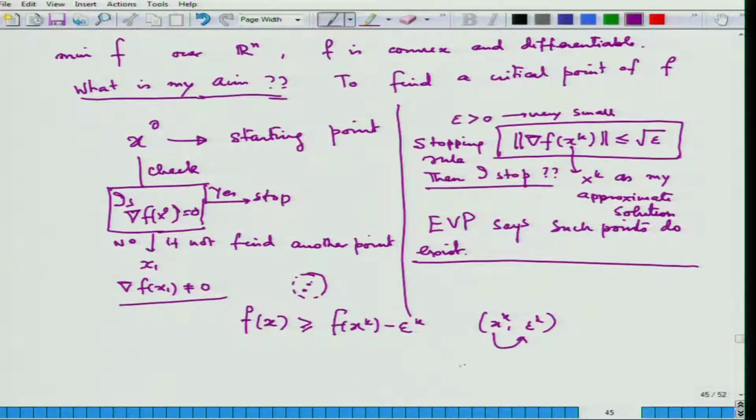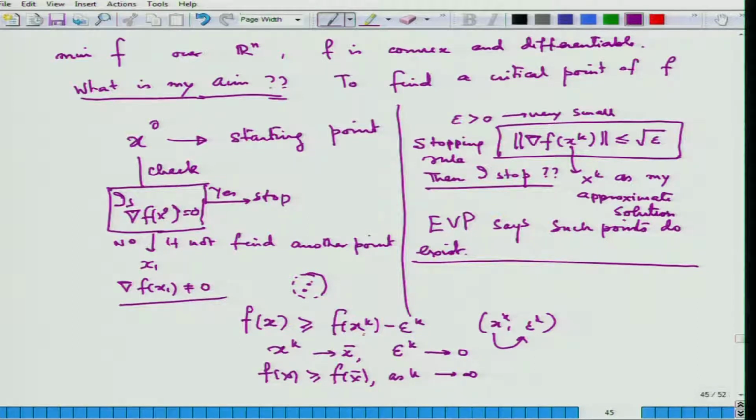Suppose x k goes to x bar and epsilon k goes to 0, then f of x is greater than f of x bar as k goes to infinity. Which means that if x k is going to some x bar, that x bar would be the actual solution.